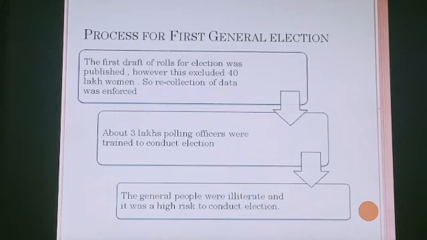And second, because it was an illiterate country, very few people were literate. Because of that, the officers also had to be trained. A total of 3 lakh polling officers were trained to conduct the election, because it was the first election and many people did not know how to vote or what process to follow.